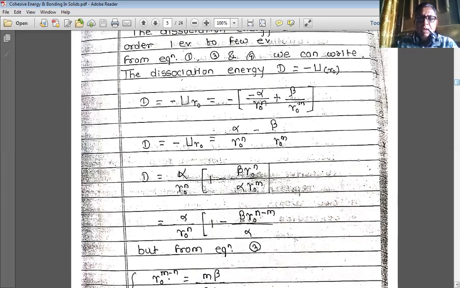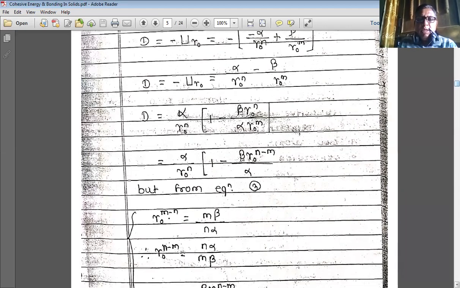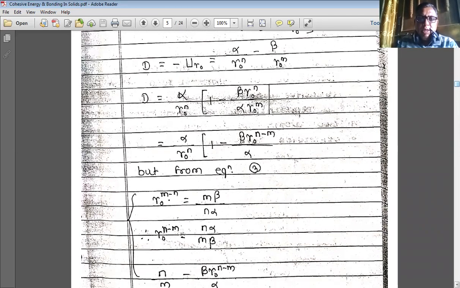But from equation 3, r₀ raised to m minus n is equal to mβ upon nα. Then r₀ to the n minus m is equal to nα divided by mβ.